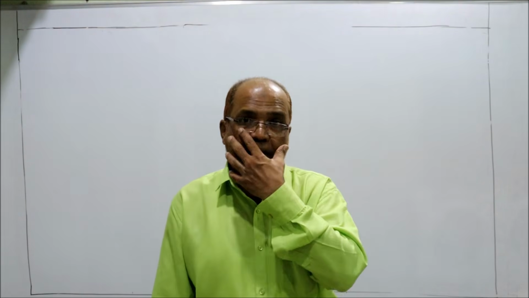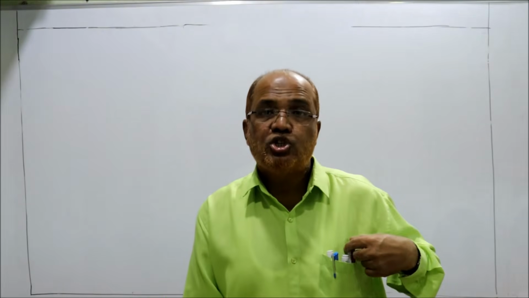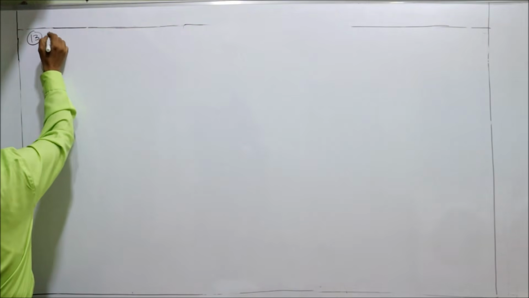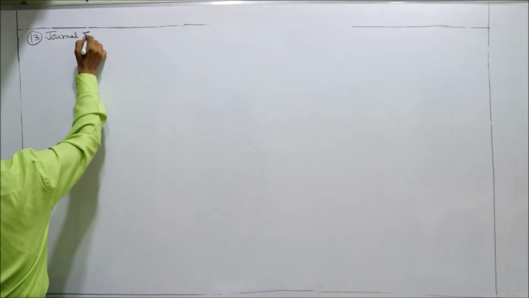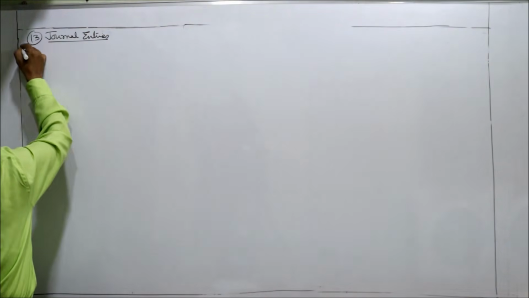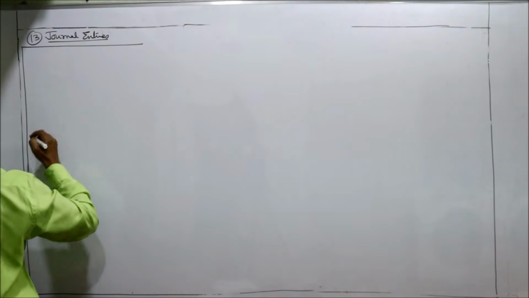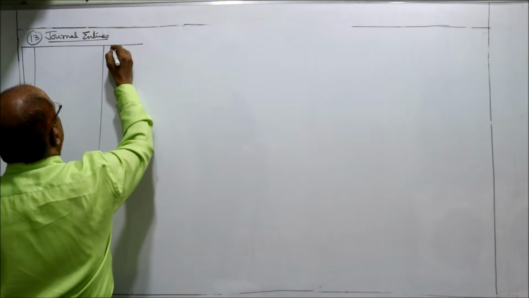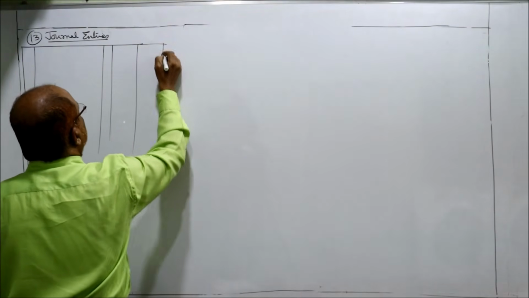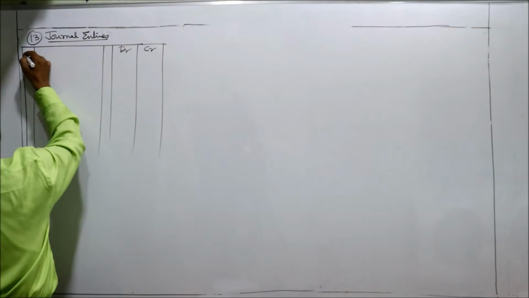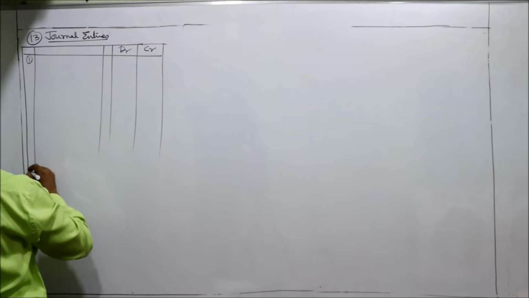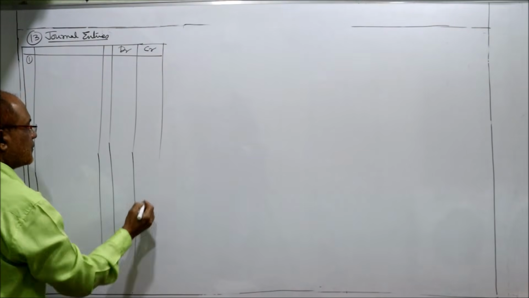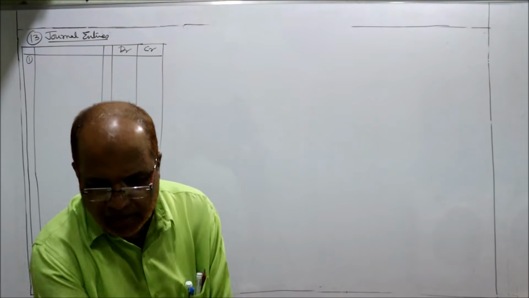We have to pass the journal entries. First, we'll begin with journal entries. Problem number 13. First entry will be regarding the new capital.